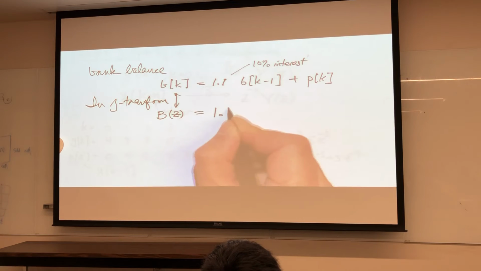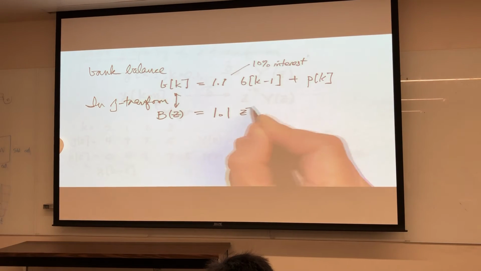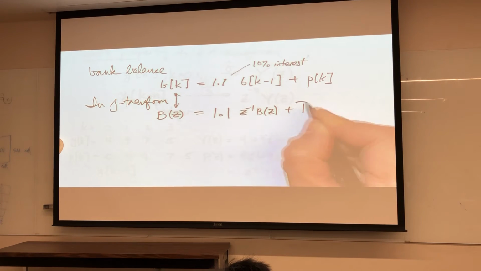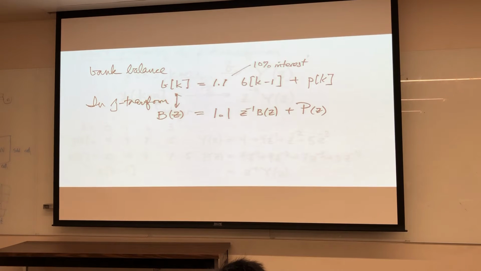And this is 1.1 z to the minus 1 B of z. And this becomes capital P of z. Whatever my payment is, that's another sequence of numbers. I don't know what my payment is into my bank account.